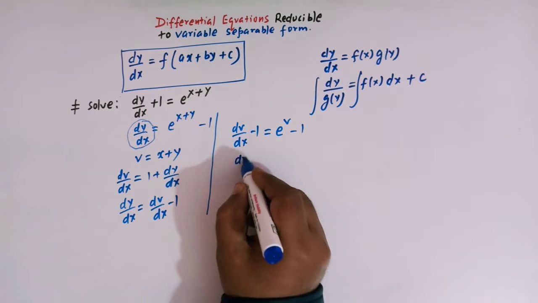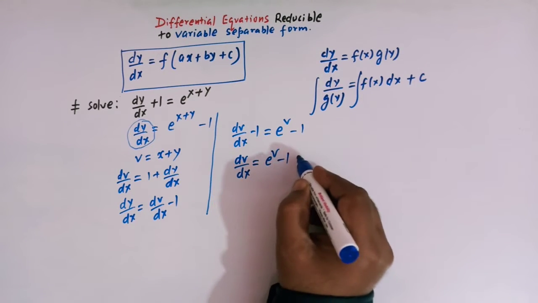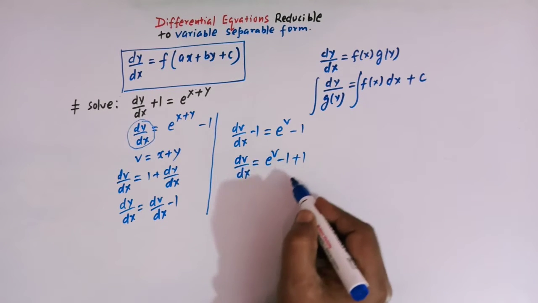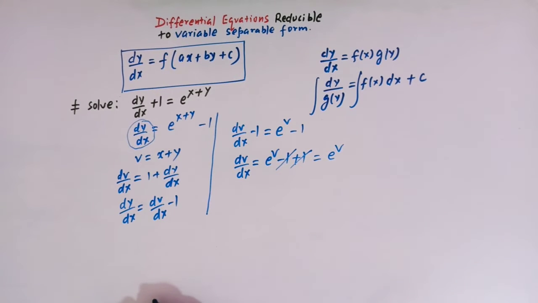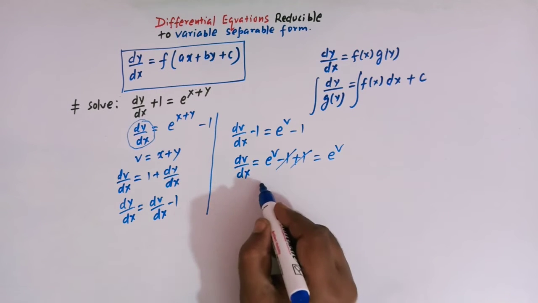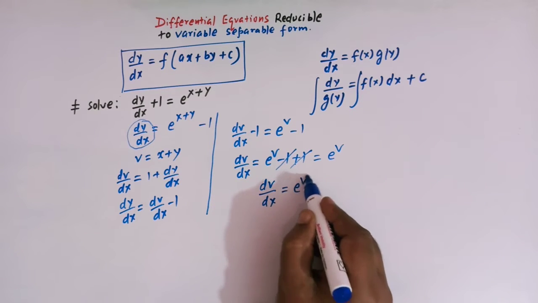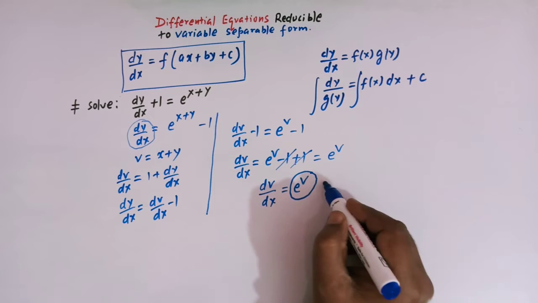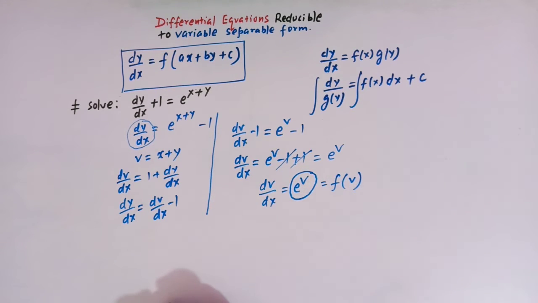And now we can write dv over dx is equal to e raised to v minus 1, taking this negative 1 to this side, so we have plus 1. These two get cancelled, so we have e raised to v, right? And now see, we have dv over dx is equal to e raised to v, and see, this e raised to v is entirely a function of v, right?